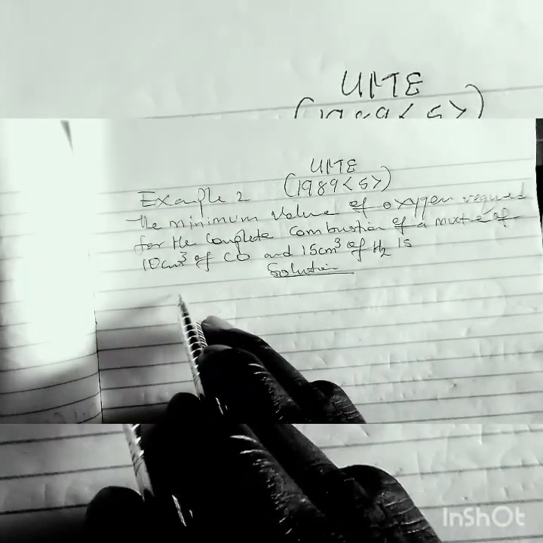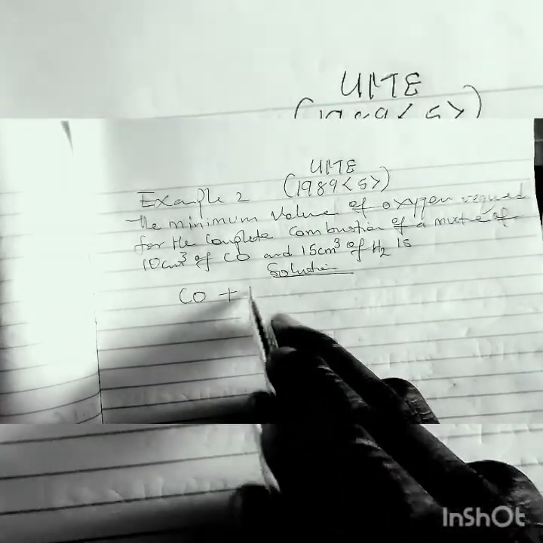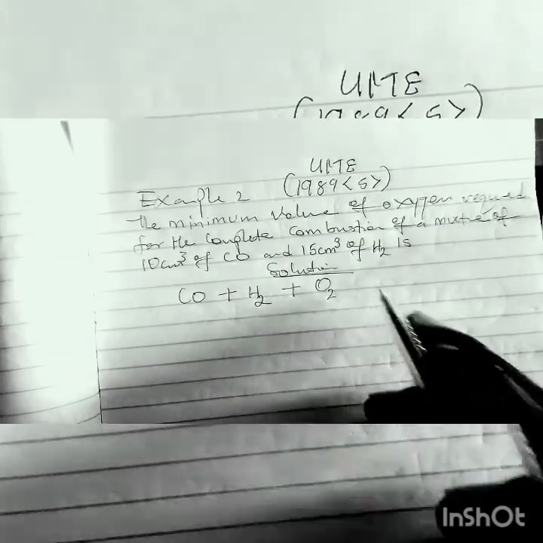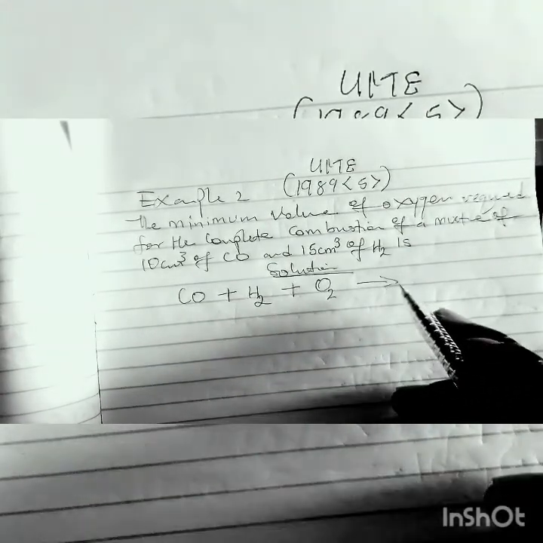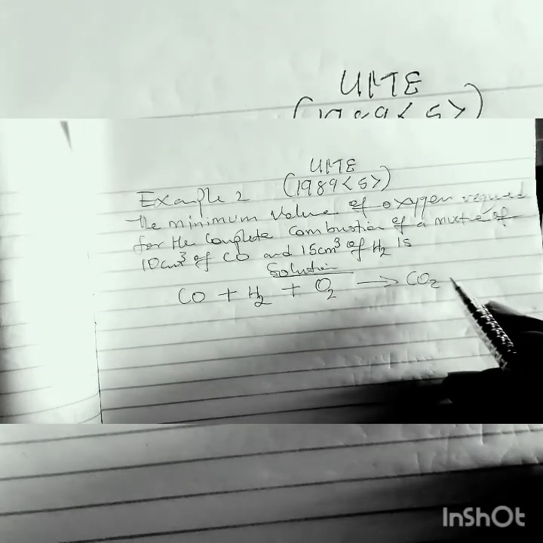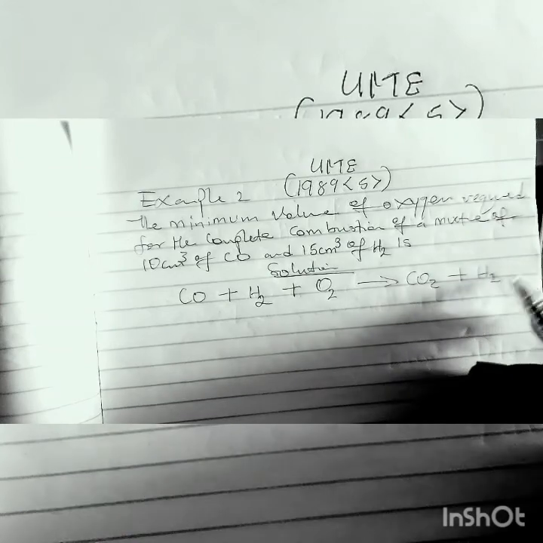That means they combust CO in H2, which requires oxygen, O2. Now, what will it produce? It will produce CO2. Remember, all combustion reactions involve the production of carbon dioxide and water, H2O.